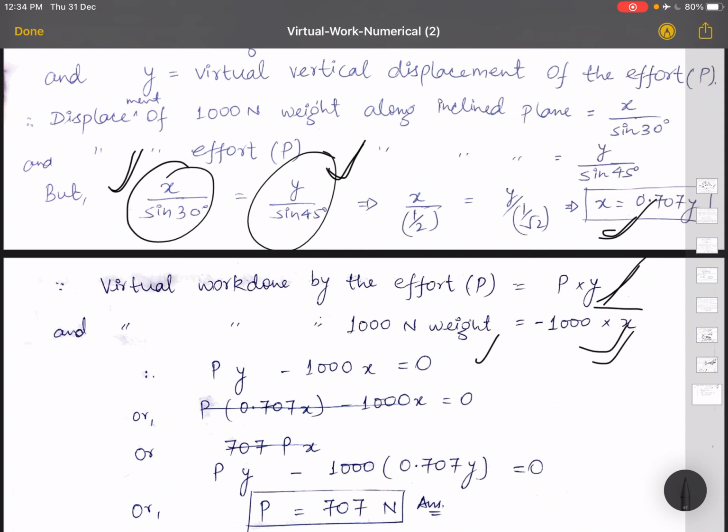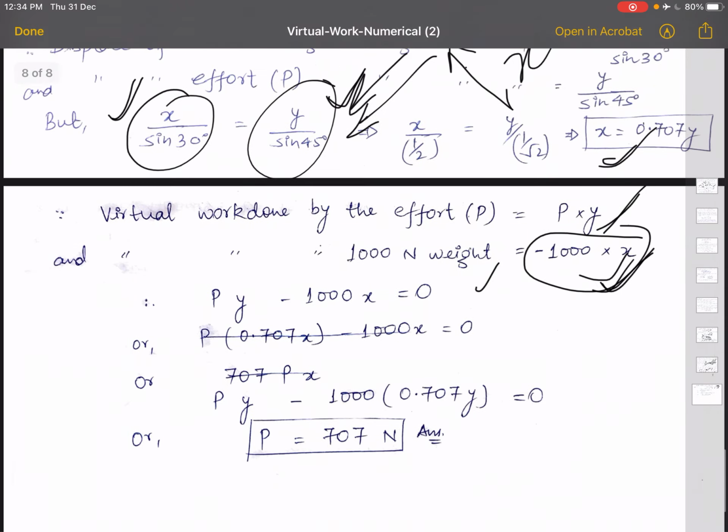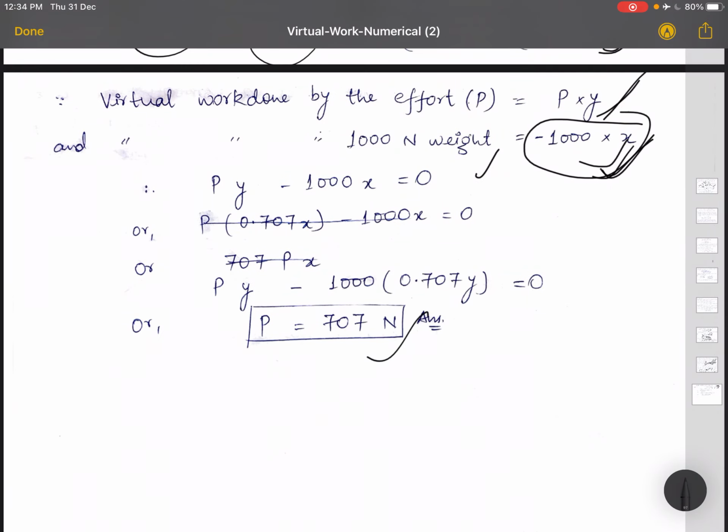If P is moving up, the weight moves down, so that work will be negative. Just add these two works and you will get the effort as 707 Newton. This much effort is required to maintain the equilibrium.